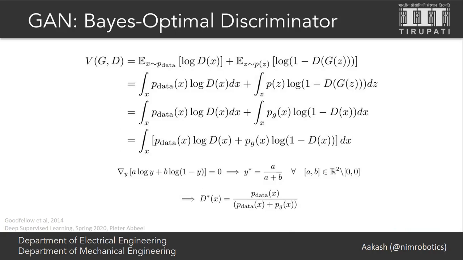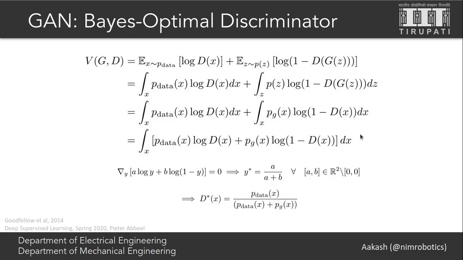Now I will talk about the Bayes optimal discriminator. We have our objective function written here, and we write it using the formula of the expectation in the form of an integral in the second line. Then we change the variable x equal to G of z, and using the change of variables for random variables, we write it in this form.